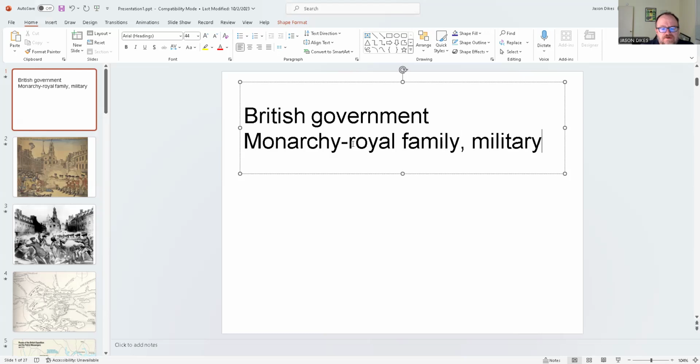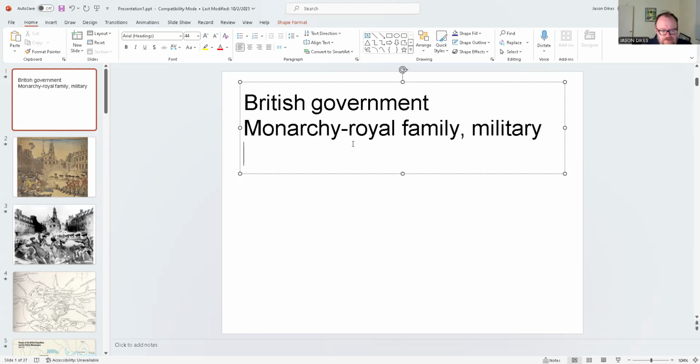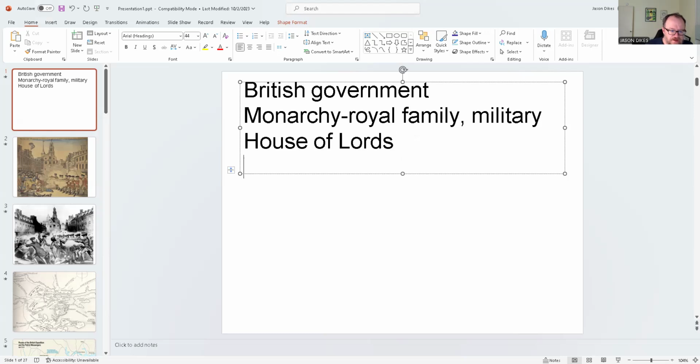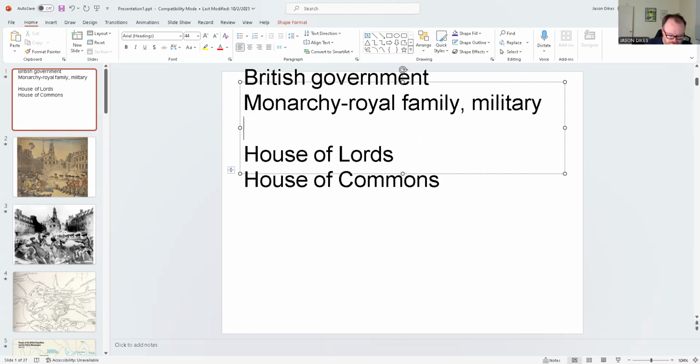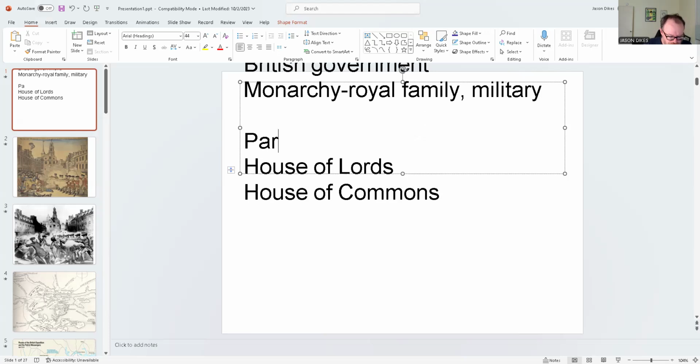But the monarchy still had a significant amount of power in British government. Second would be the House of Lords. Now, the House of Lords and the House of Commons together made up what was called Parliament.